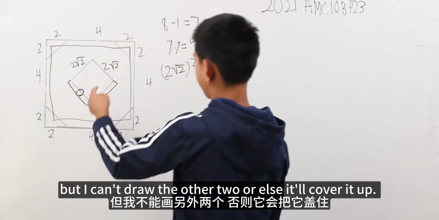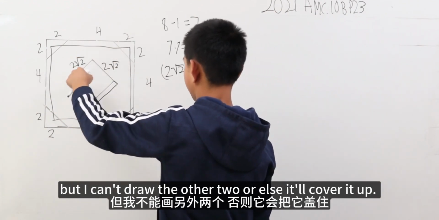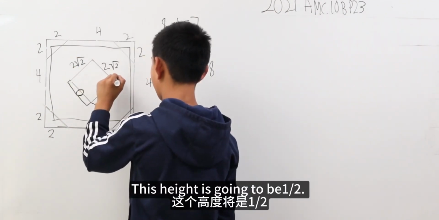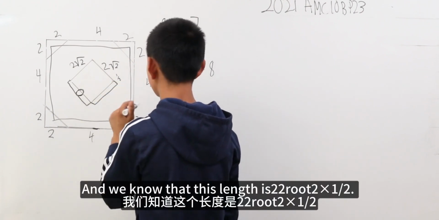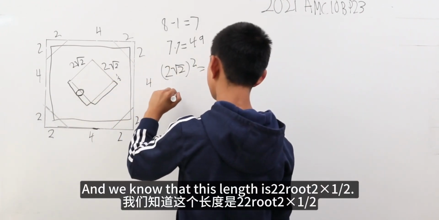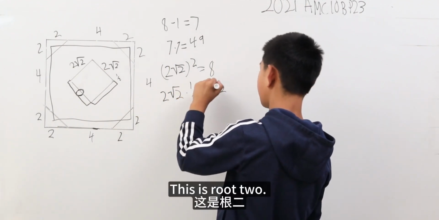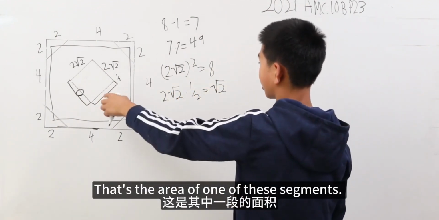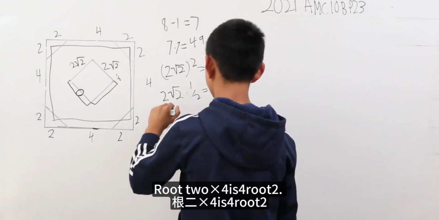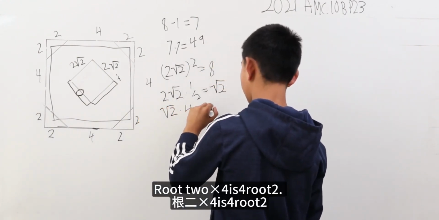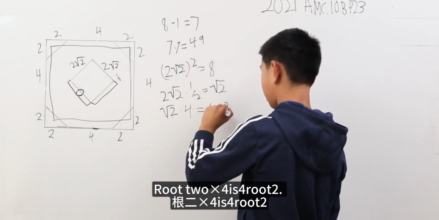There are 4 of these, but I can't draw the others or else it'll cover it up. This height is 1/2, and this length is 2√2. 2√2 times 1/2 is √2. That's the area of one of these segments. We have 4 of them, so √2 times 4 is 4√2.